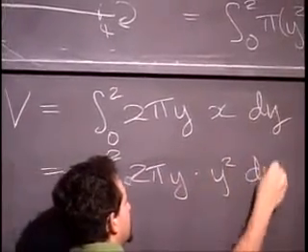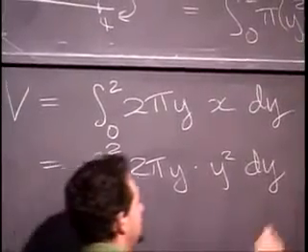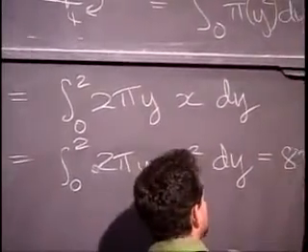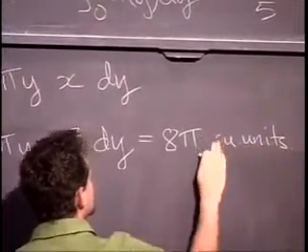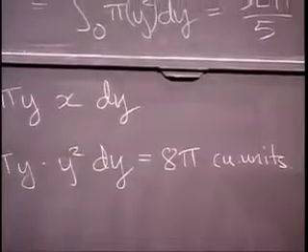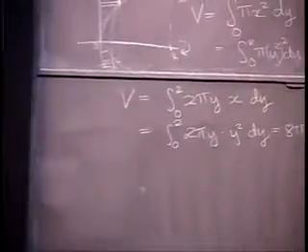So you replace it, and that integral works out to be 8 pi cubic units. All right. So that's variation 1.